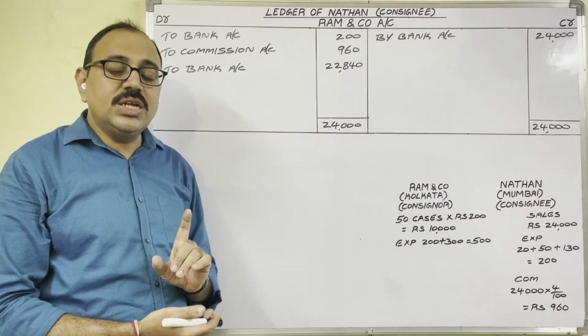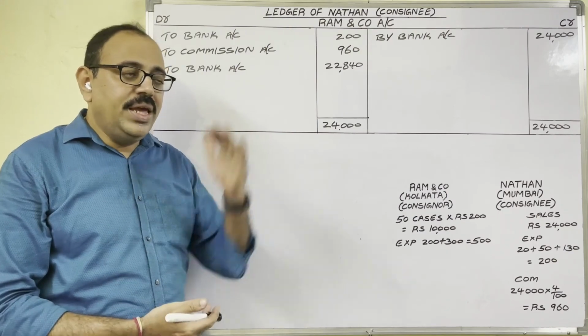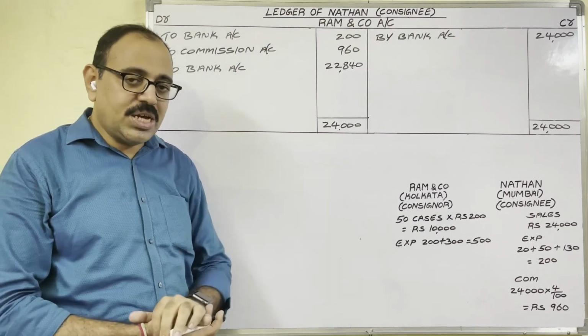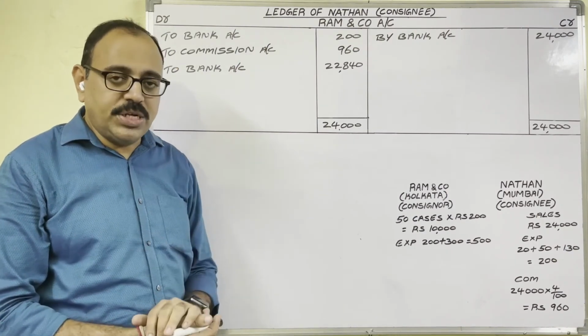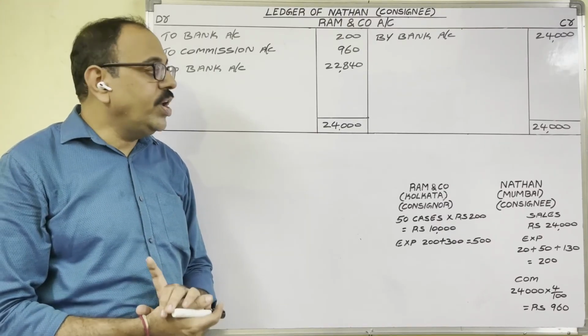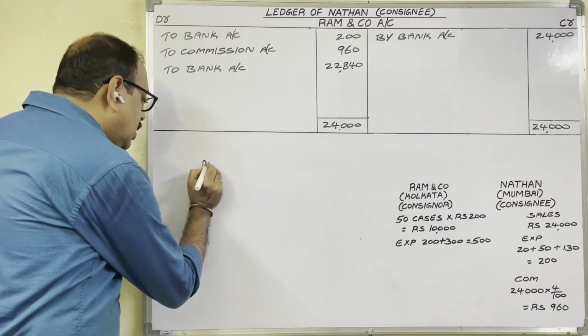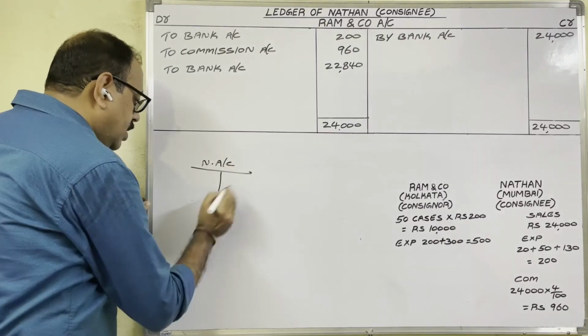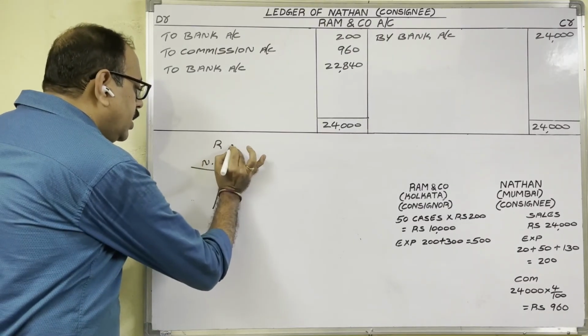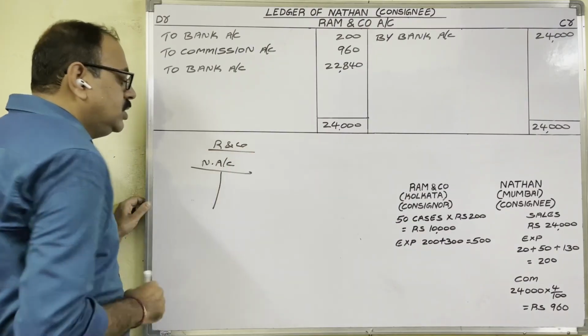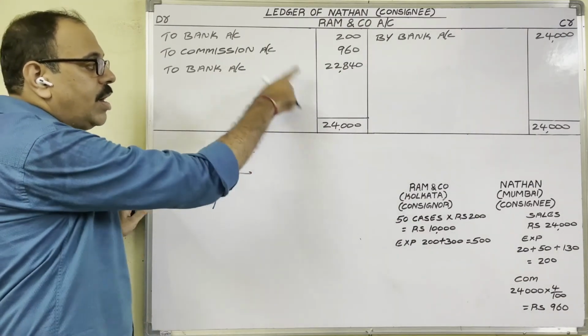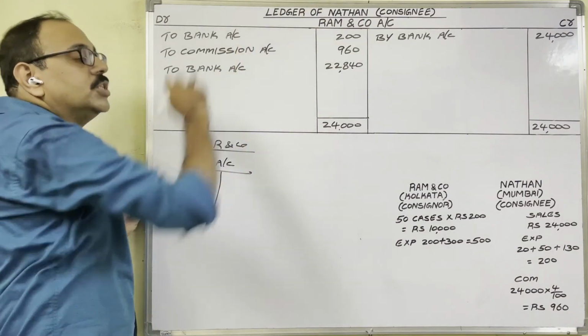Once you observe the journal entries in the consignee's books, in every entry the consignor's name is coming. So remember this point. Next point is, one should compare the consignee's account, Nathan's account in the consignor's books, in Ram and Company's books, with Ram and Company account in Nathan's books.